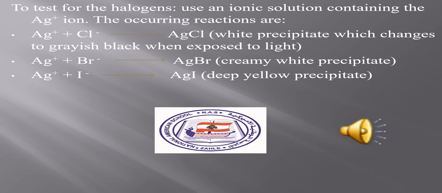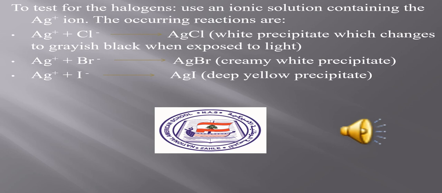If you don't observe a blue solution in the test tube, this means that the organic compound does not contain the element nitrogen. But if you observe a blue solution after the addition of Fe2+ followed by Fe3+, then you have to say to yourself that the nitrogen is part of the organic compound. The two equations, like I said to you boys and girls, please, they have got to be memorized.